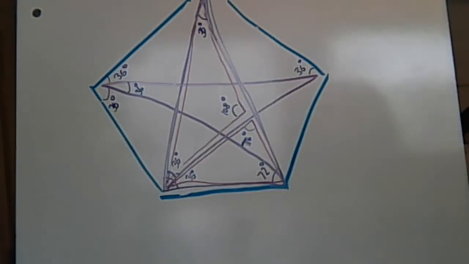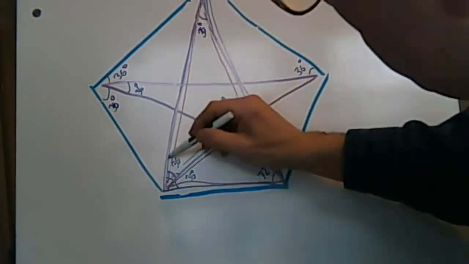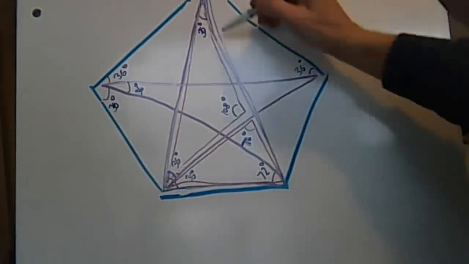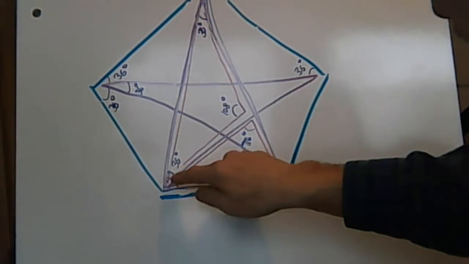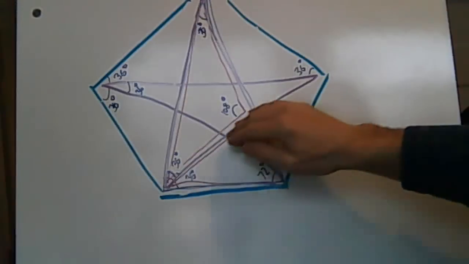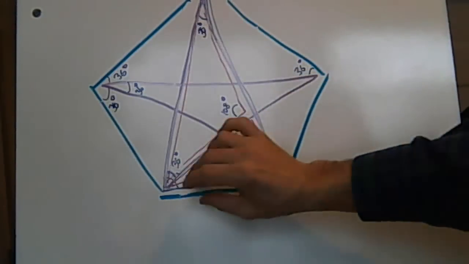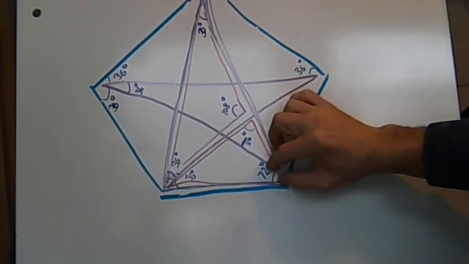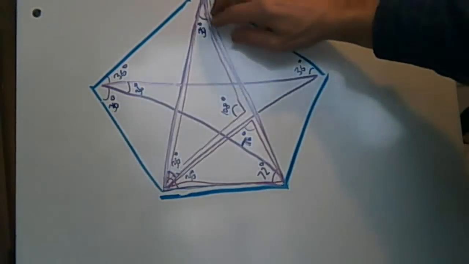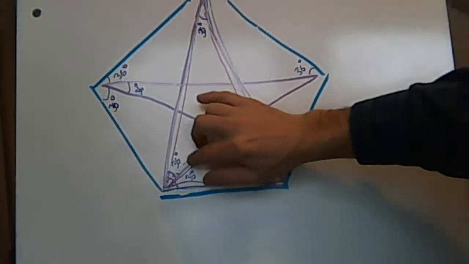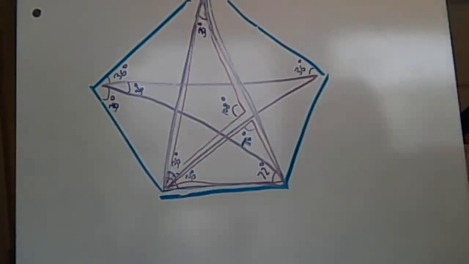So what we see here is we had this bigger triangle that's 36, 72, 72. But then what we found was it was actually divided by one of these diagonals into a smaller 72, 72, 36, and also a smaller triangle, which was also isosceles, which was a 36, 36, 108.